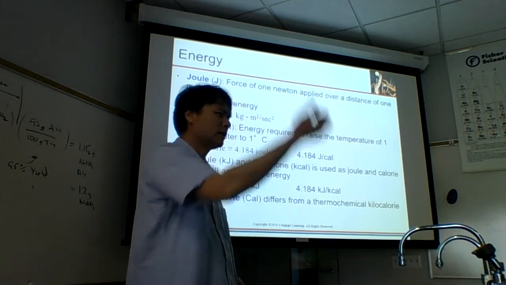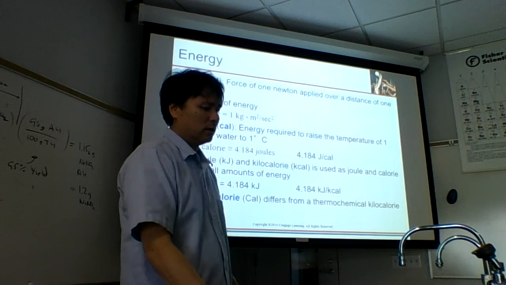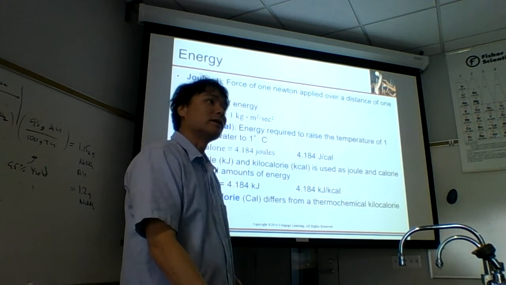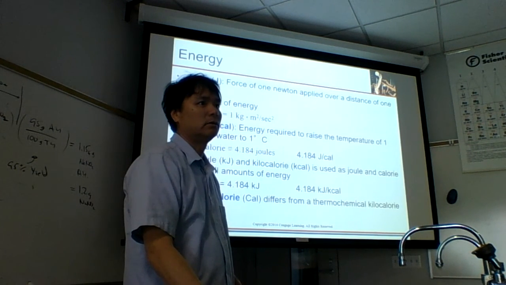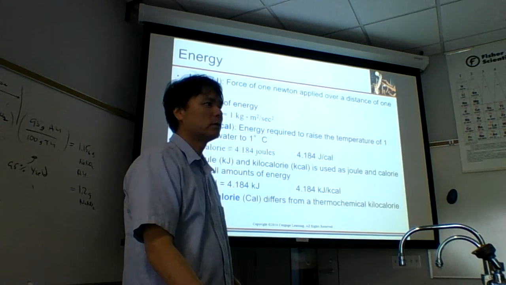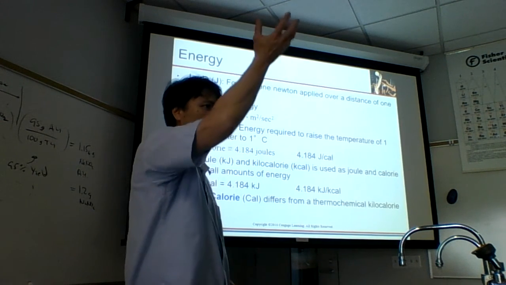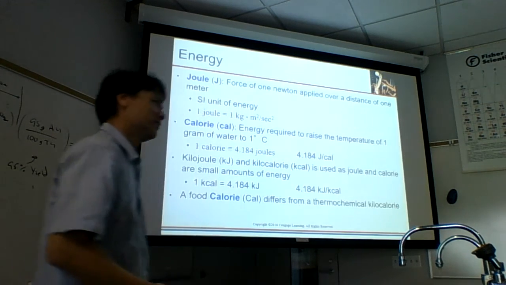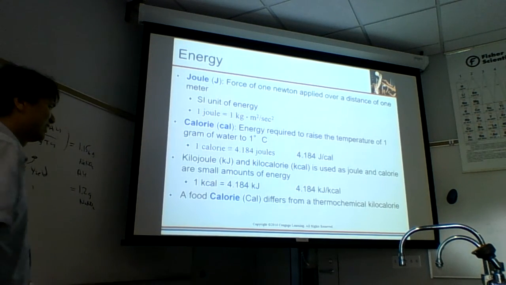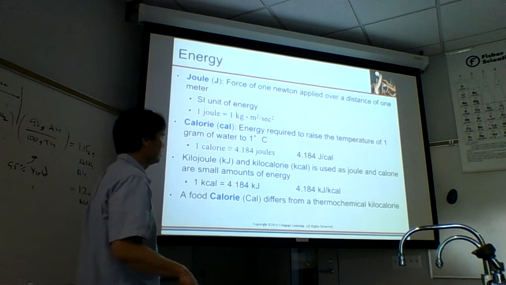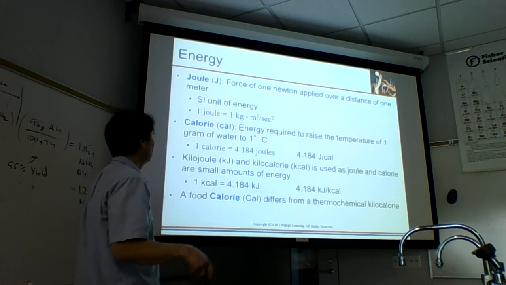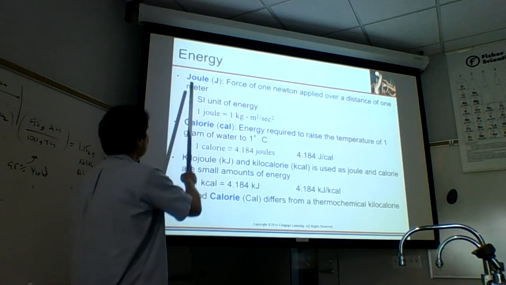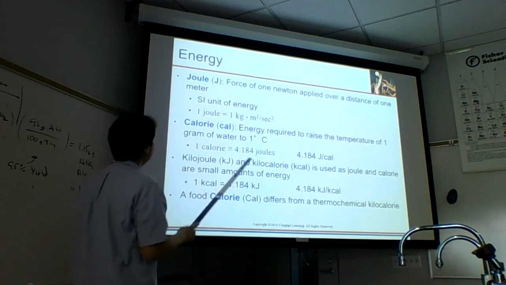Lifting it up is going to cost you some energy. How much? It's going to cost you 1 joule. So think about 2.2 pounds lifted up 3 feet. You've probably used more than 1 joule worth of energy, because of losses and inefficiencies. But the joule is that.